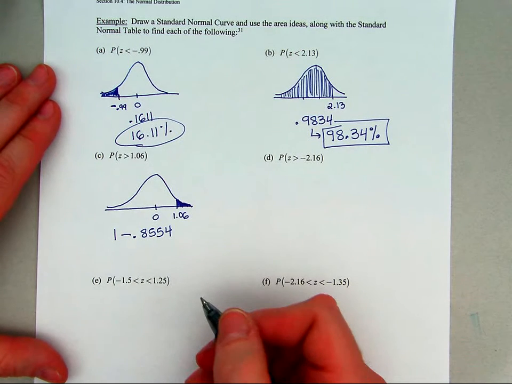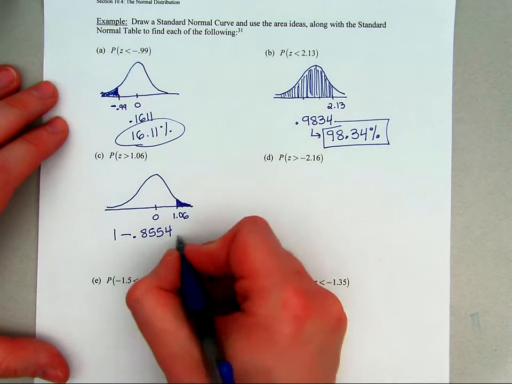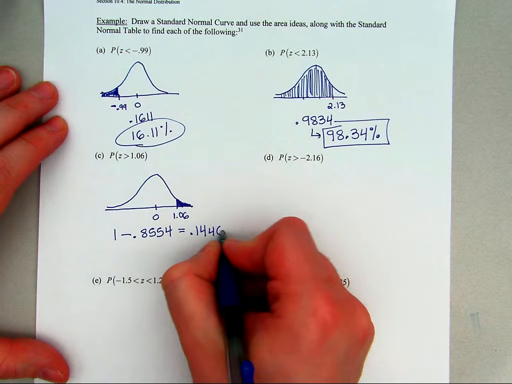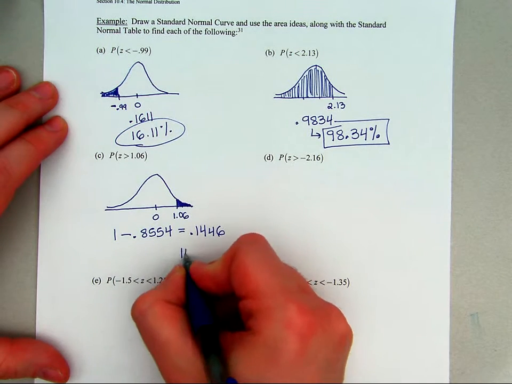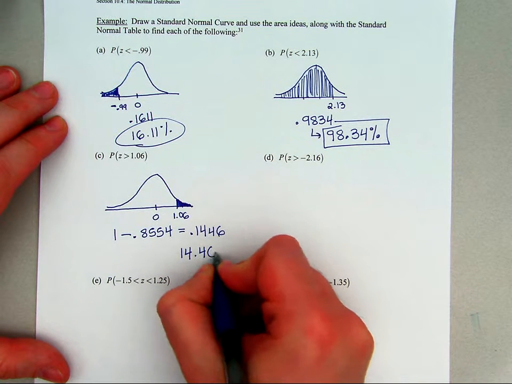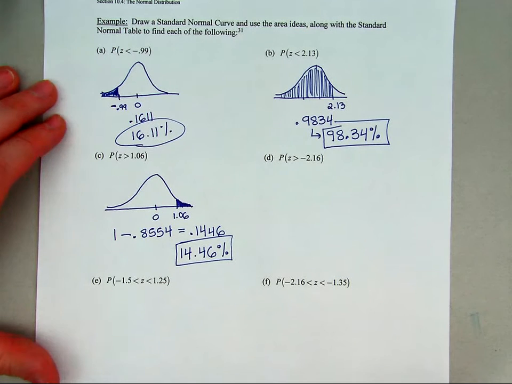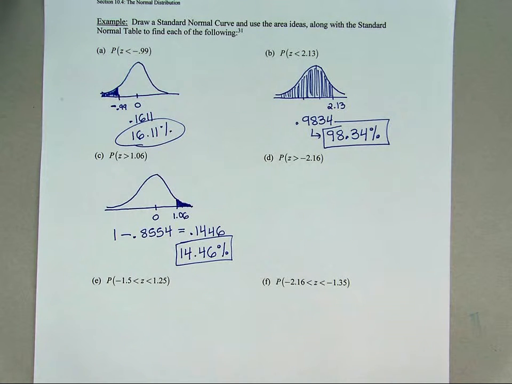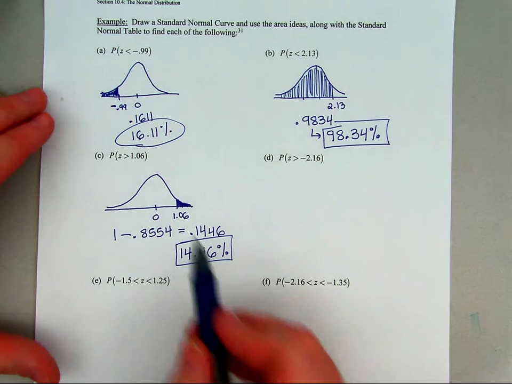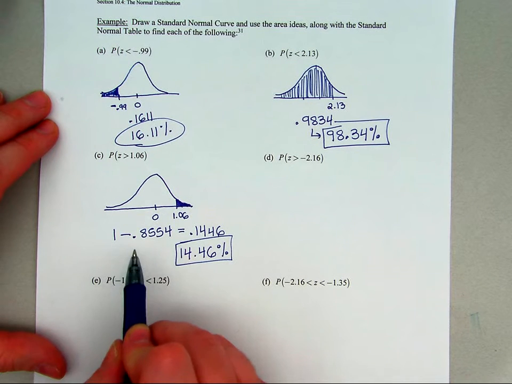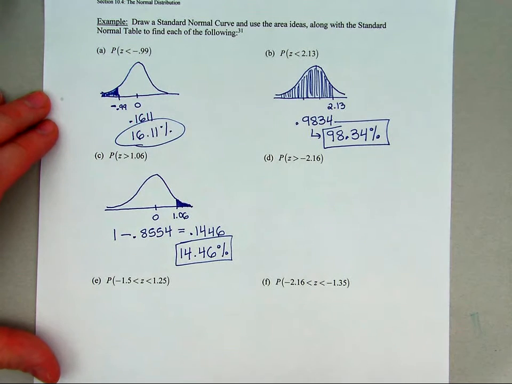And at this point, you should go to the calculator, type that in. You're going to get 0.1446. Writing this as a percent, 14.46%. The values in the table just tell us the area to the left of a specific value. If we want to find the area to the right of a specific value, we'll do 1 minus the area to the left. Take a moment and see what you can do in letter D.